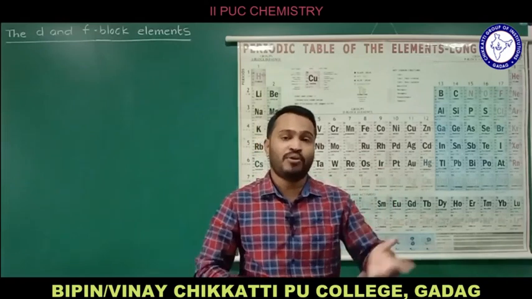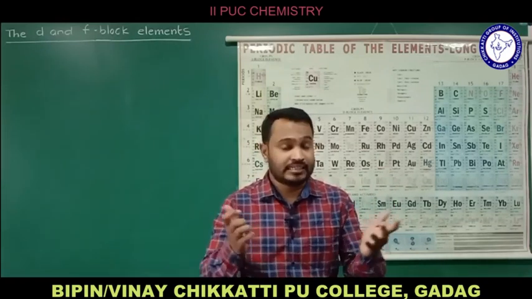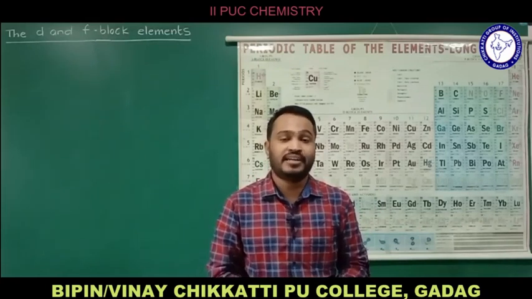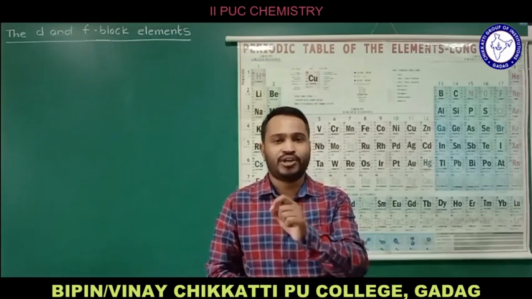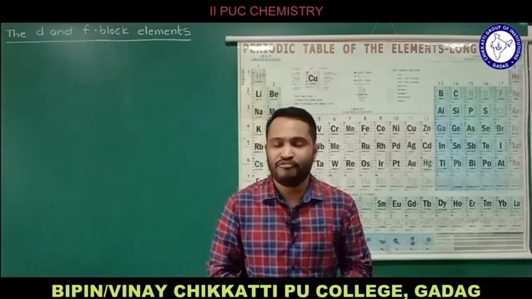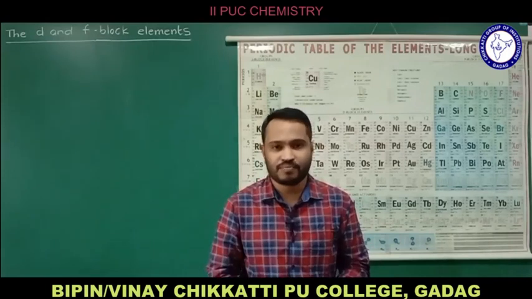Whereas in p block elements we have a partially filled p atomic orbital. Similarly, for d block elements, we have partially filled d atomic orbitals. The elements which contain partially filled d atomic orbitals, we call d block elements.